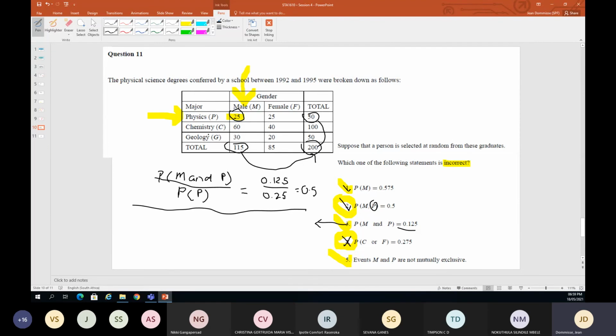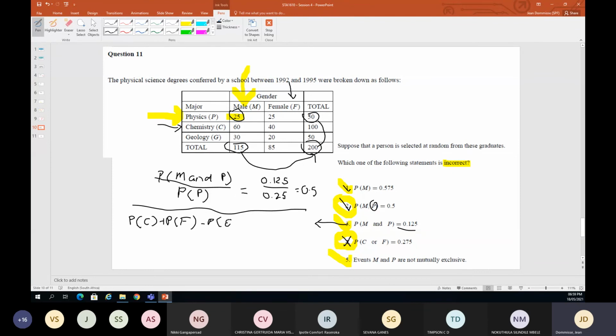So the probability of C or F. Okay, so to do that, it is basically probability of C plus probability of F minus the probability of the AND.